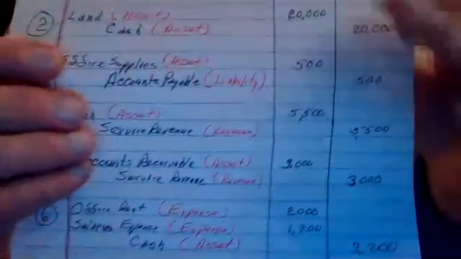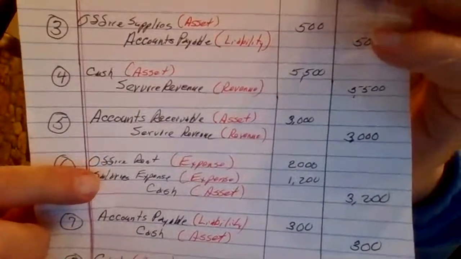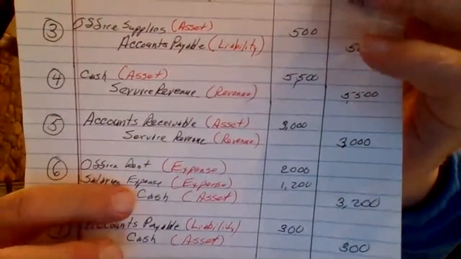Debits and credits. Now, when I wrote this second rule, I said account or accounts. Every journal entry must have at least one debit and one credit, and they must balance. If you have one account being debited and one account being credited, it is called a simple journal entry. With Smart Touch Learning, we had transaction 6 down here, where we had 2 expense accounts being debited, and 1 account, cash, being credited.